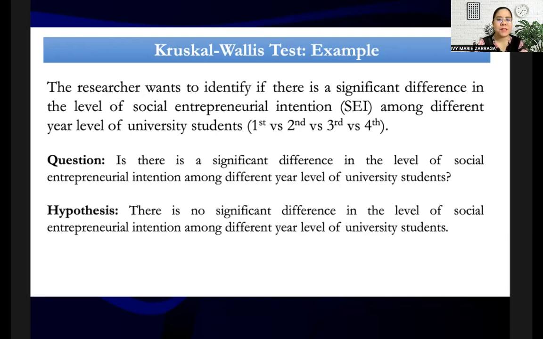And we will answer the research question: is there a significant difference in the level of social entrepreneurial intention among different year levels of university students? From the research question, we formulated our hypothesis that there is no significant difference in the level of social entrepreneurial intention among different year levels of university students.